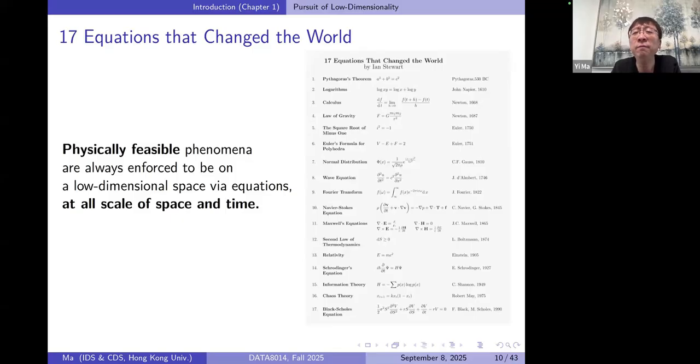Because if you have a phenomenon in a high dimensional space, every additional equation allows you to reduce the dimension by 1, hence making the events in the high dimensional space more predictable. So you restrict the solution to be on a lower dimensional space via equations. Each equation adds one more constraint, and so on and so forth.